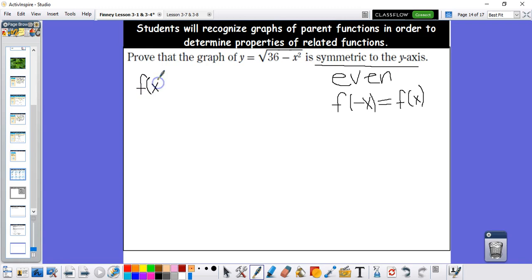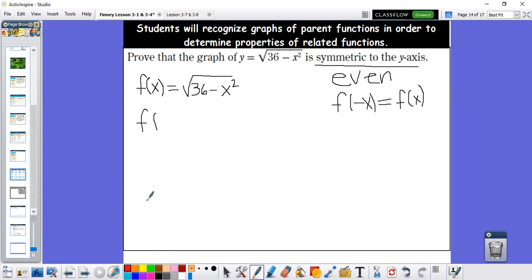So what you really have is f of x equals the square root of 36 minus x squared. So we want to check to see, is this even? So I'm going to get a different color when I do my substitution. What I'm actually plugging in is negative x.